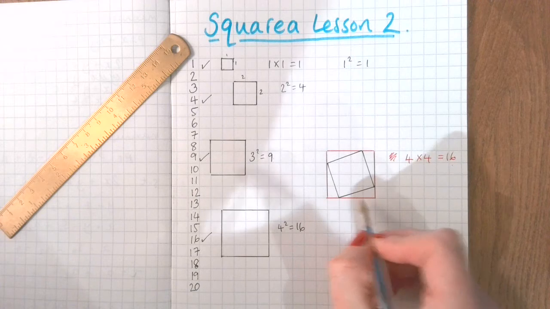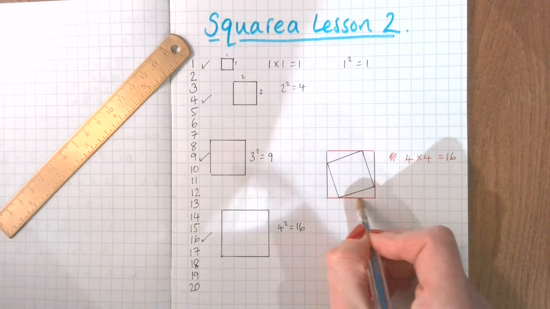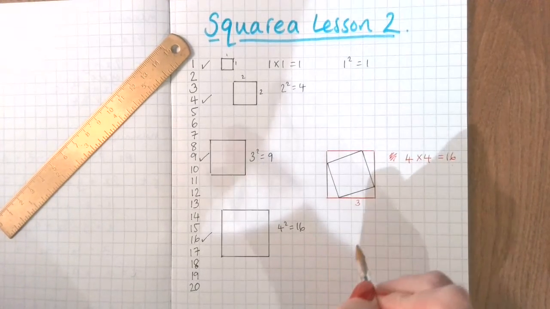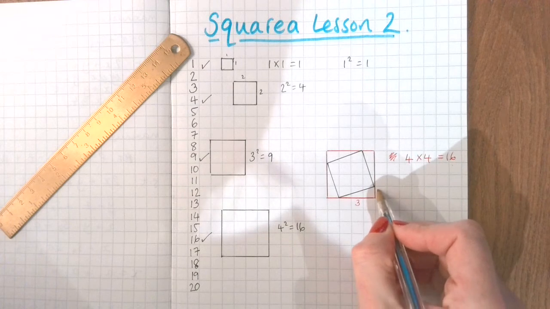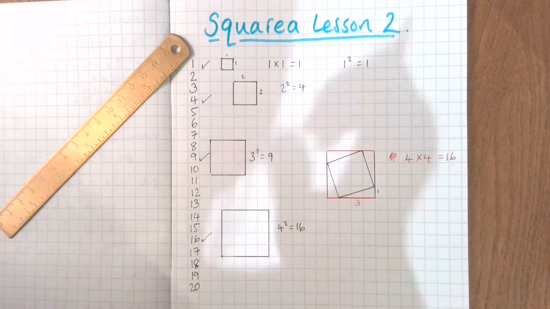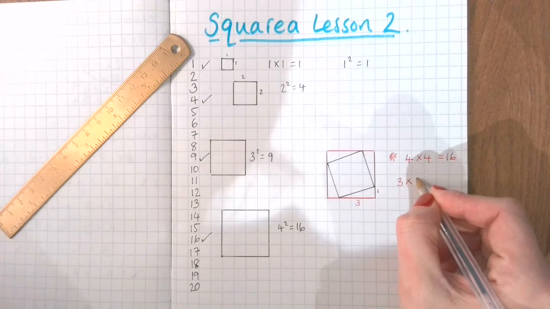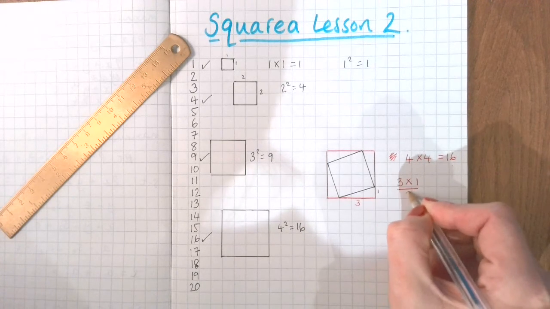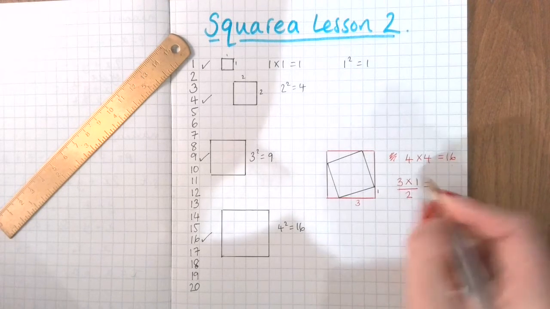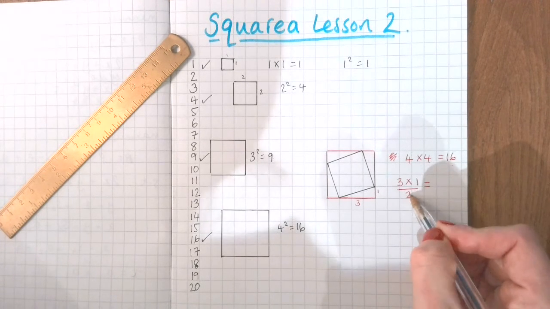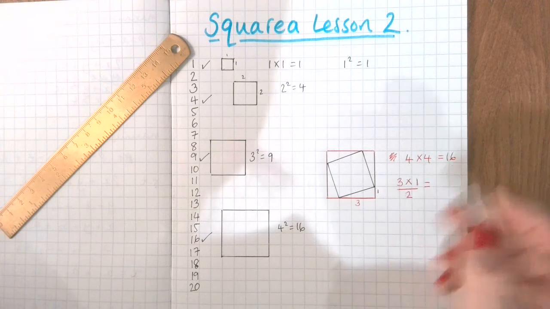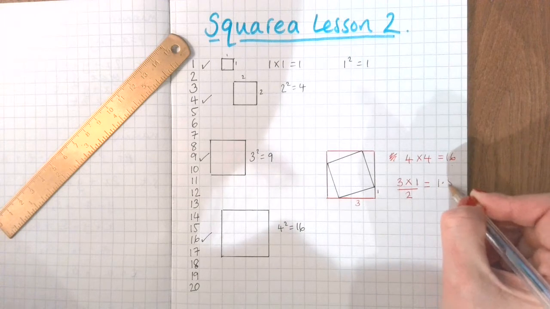This triangle here has length 3 there, and this length is 1. So the area of that triangle is 3 times 1 divided by 2. 3 times 1 is 3, divided by 2 gives us 1.5.